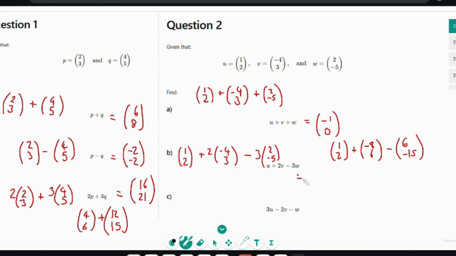1, add -8, minus 6 is -13. And then you've got 2, add 6, minus -15, is 23. Okay, and the last one.